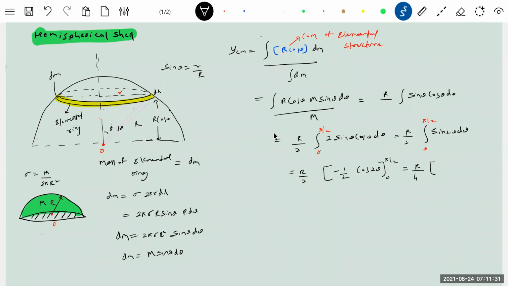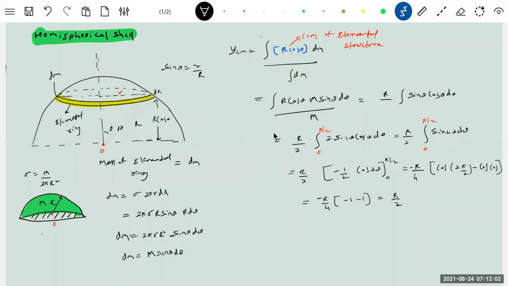Okay, now cos 2 theta, cos of 2 into pi by 2, minus sign here, and next will be cos 0. So minus r by 4. This will be cos pi, which is minus 1. This will be minus 1. This will be altogether r by 2.